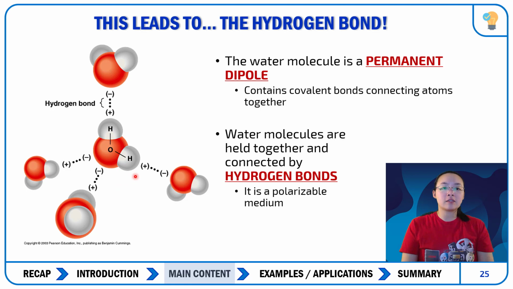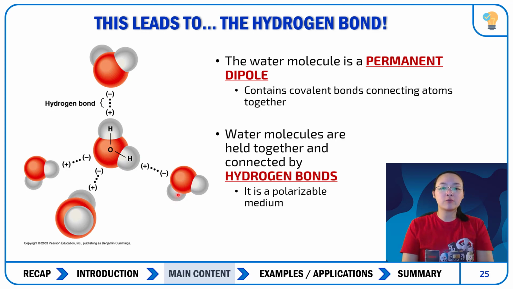That means it contains covalent bonds connecting atoms together, and there's an electropositive region with the hydrogens and an electronegative region with the oxygen. That also means that it can attract and repel other molecules depending on their orientation.